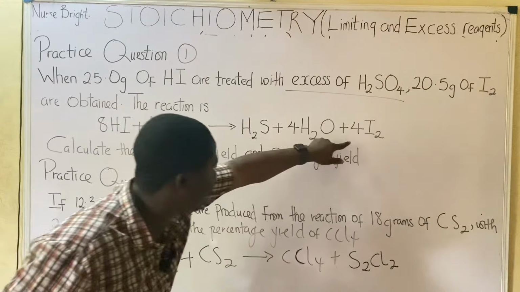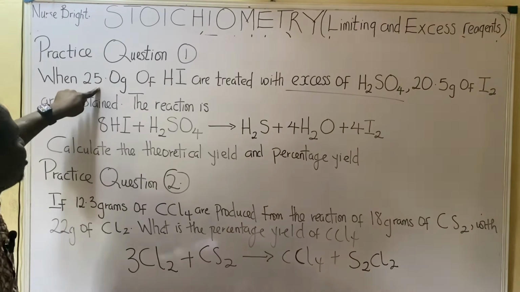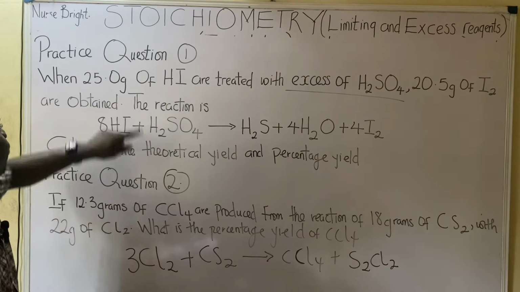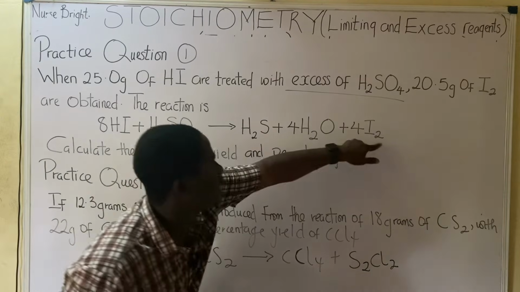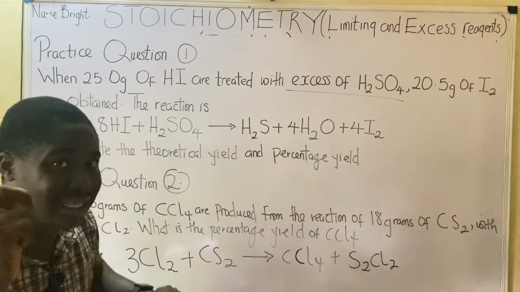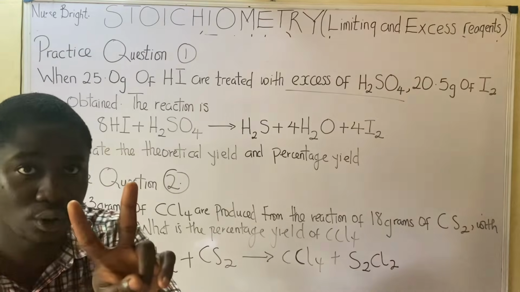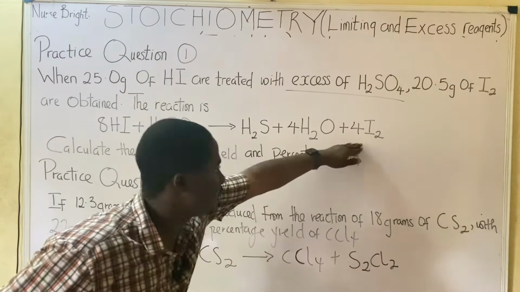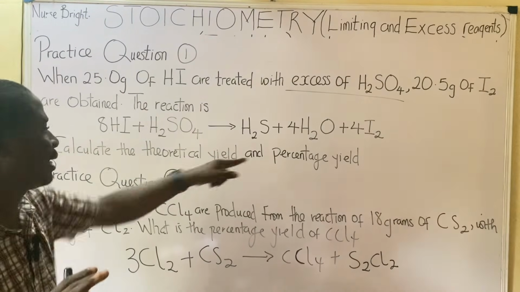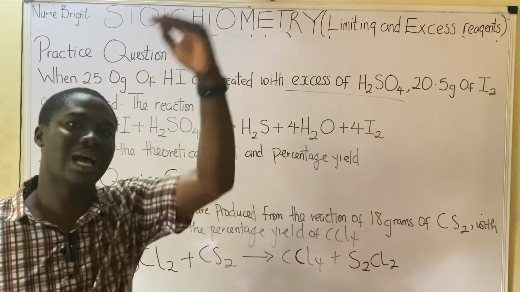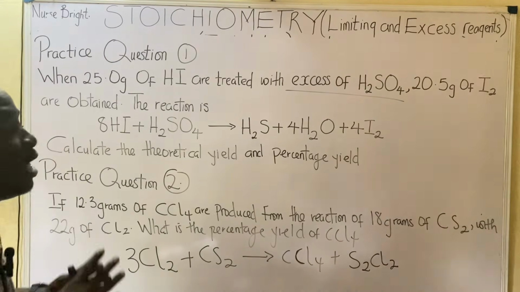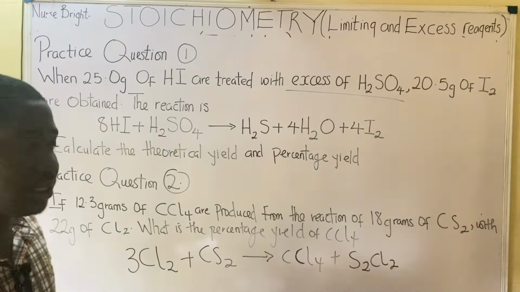Solve for this based on the parameter given to you. This is straightforward. They gave you hydrogen iodide and you're looking for this. Simple. Remember, I told you stoichiometry is all about two relationships. Relate them and get your answer without stress, and then get your percentage yield. The formula is actual yield over theoretical yield. Get your answer. It's not difficult, actually easy.